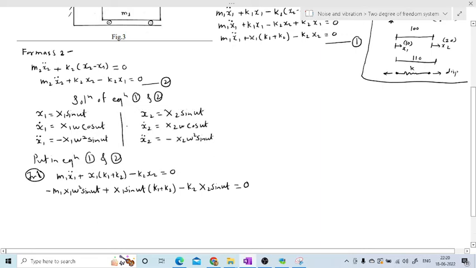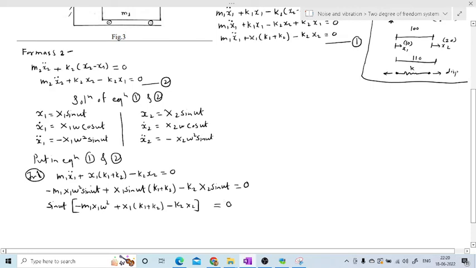Now we'll simplify this one. See, here we have sine omega t, here we have sine omega t. So take sine omega t common. So in bracket it is minus m1 x1 omega square plus x1 (k1 plus k2) minus k2 x2 is equal to 0.